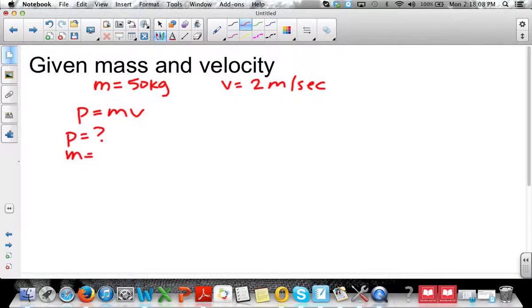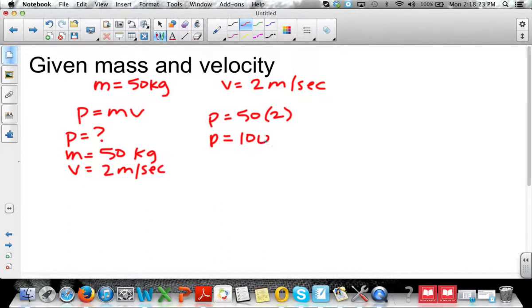M is 50 kilograms. V is 2 meters per second. And then I'll plug all this in. So P is 100, and then remember your units, kilograms meters per second. It works exactly like F equals MA, it's just a little bit different letters.